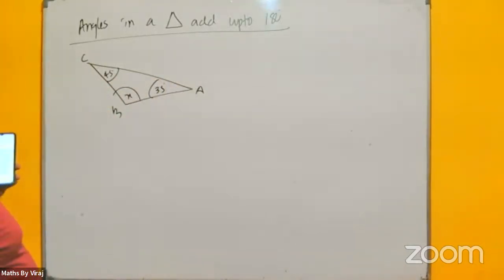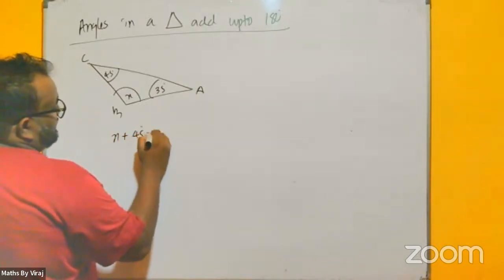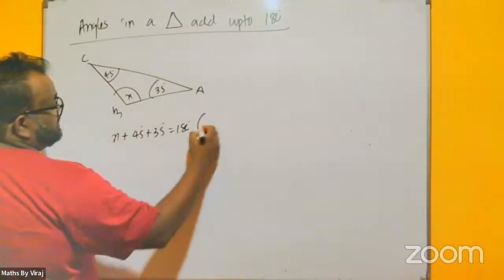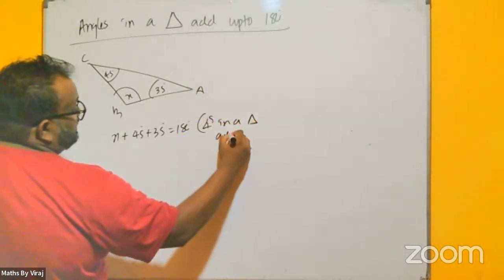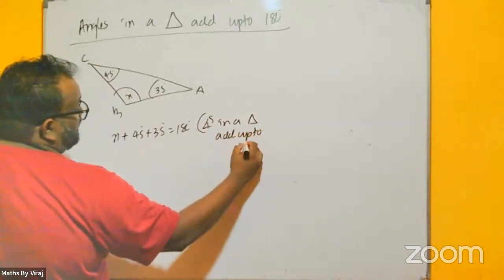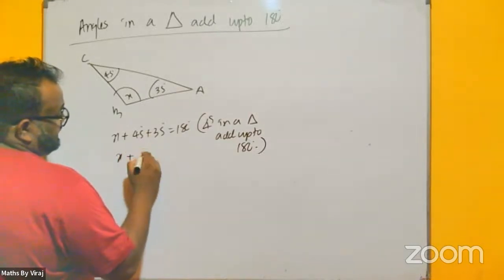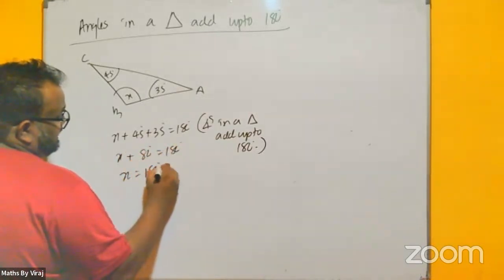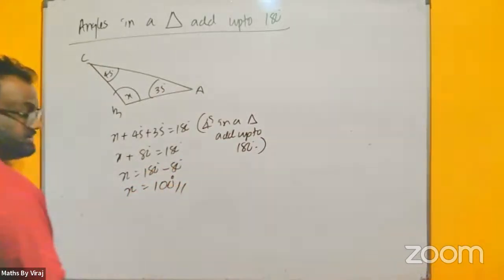So here we can say now x plus 45 plus 35 equals 180. Reason: you should write angles in a triangle add up to 180. So x plus 45, 35 is 80, is 180. x is 180 minus 80. x is 100 degrees.